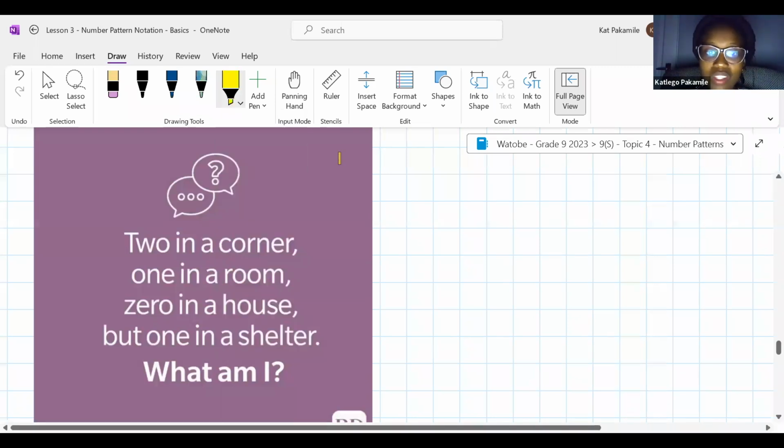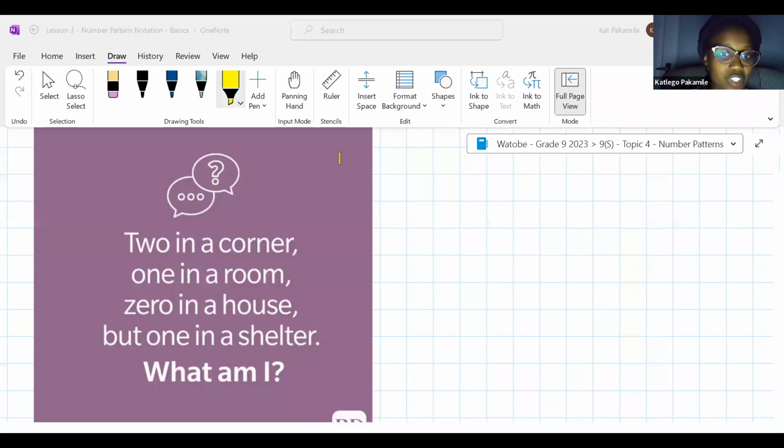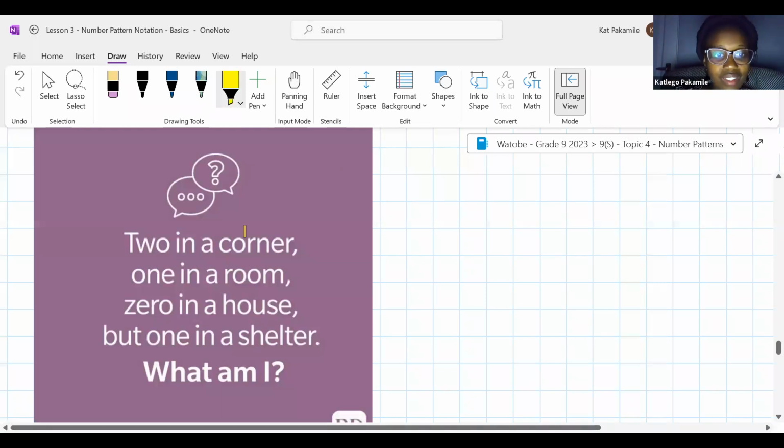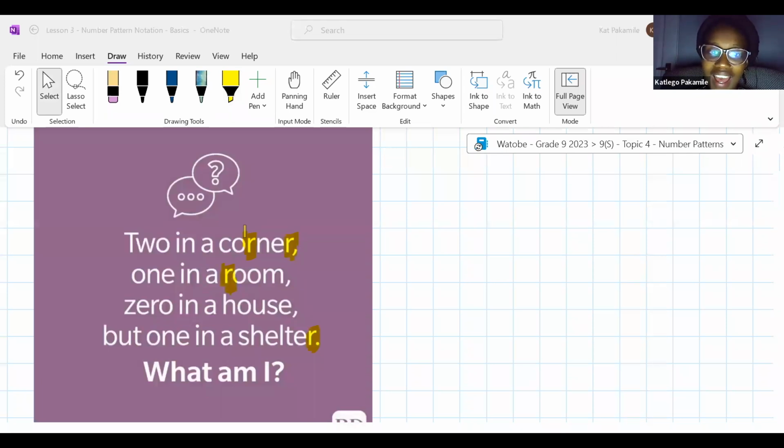I'm talking to Rabbit in the chat. Check what they say. Do you agree? I'm confused, ma'am. See, there are two in corner, one in room, no R's in house, but one in shelter. Do you see? It's an R, guys. Theo's just like, I give up. I'm done.